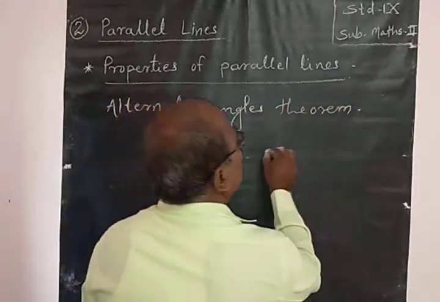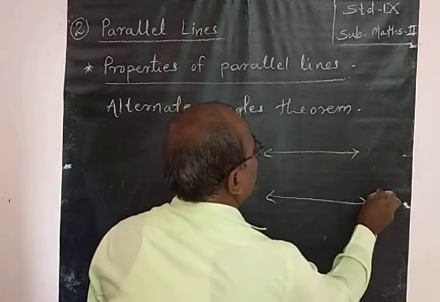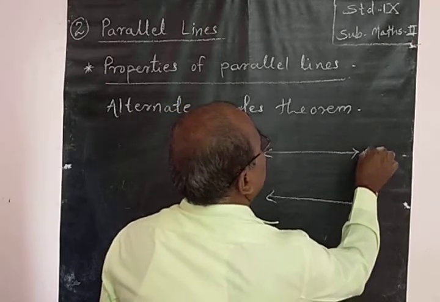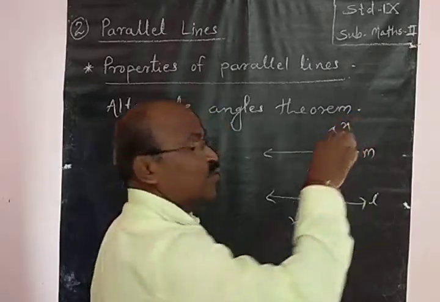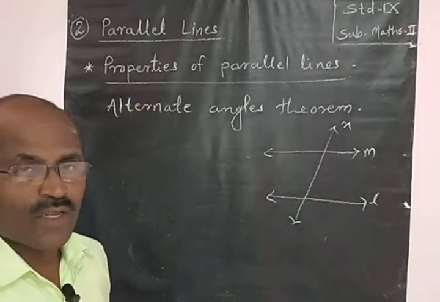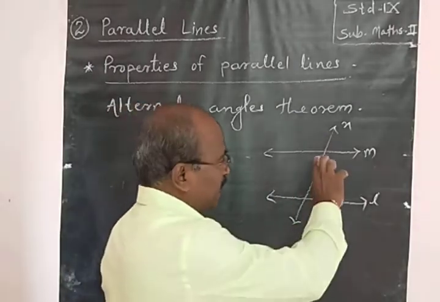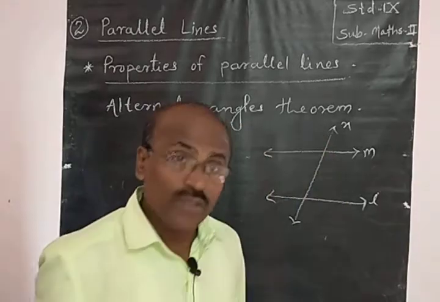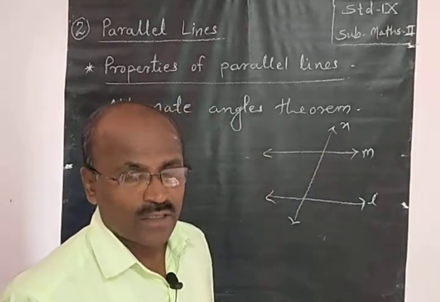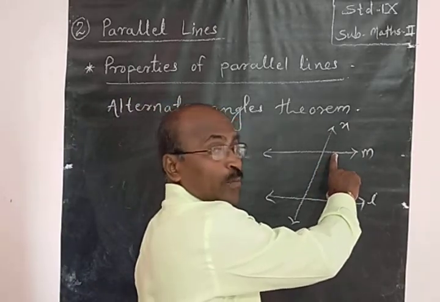Suppose here the two lines are parallel, lines L and M, and the line X is the transversal. The alternate angles are the two angles at either side of the transversal and in between the two parallel lines.